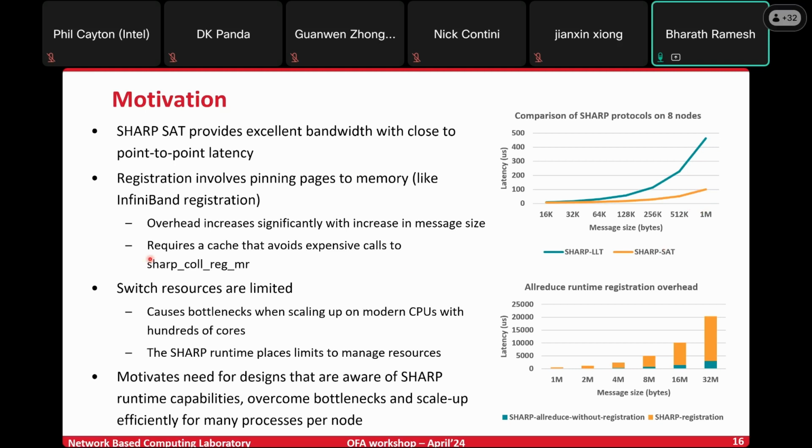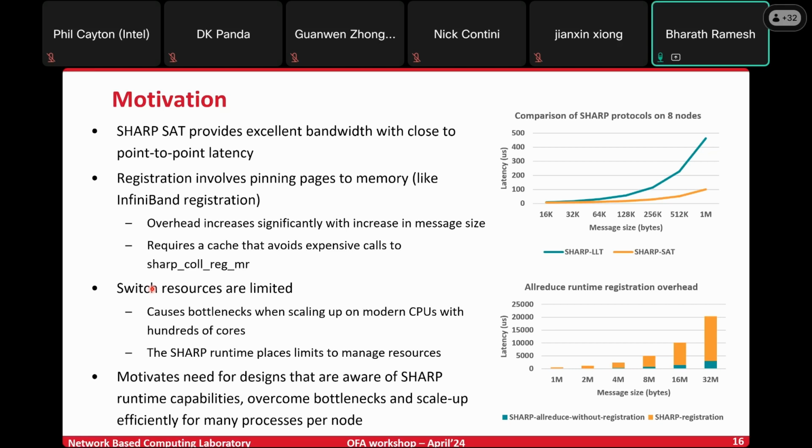One of the big bottlenecks in using streaming aggregation is memory registration. Sharp has its own memory registration API, just like InfiniBand. With memory registration, you have expensive operations such as pinning the pages to memory, and this is really expensive.